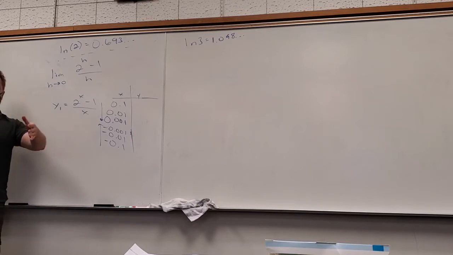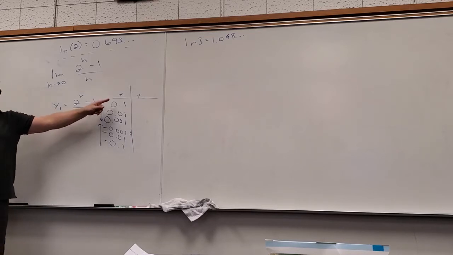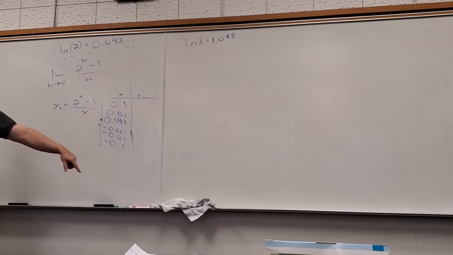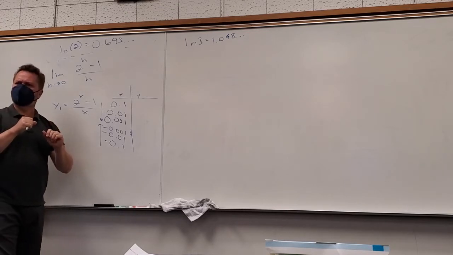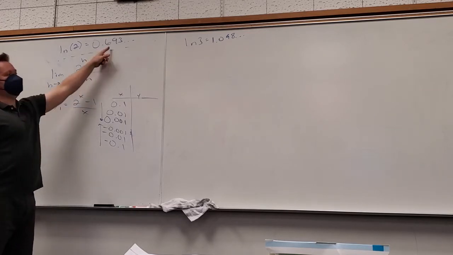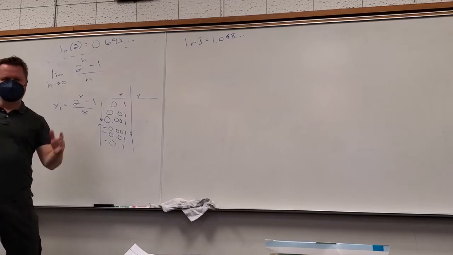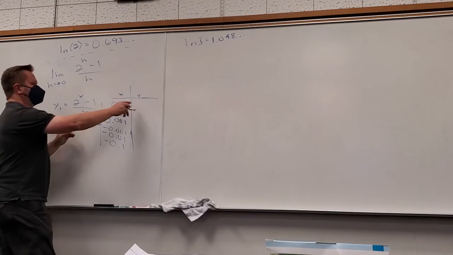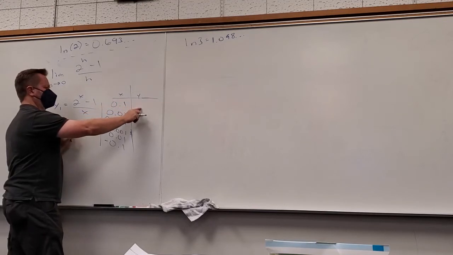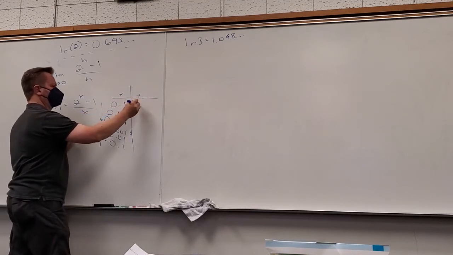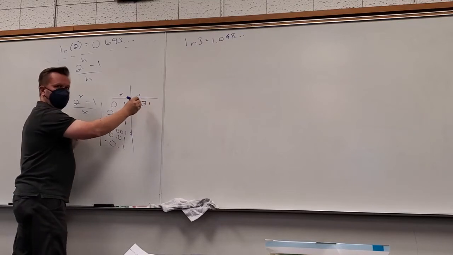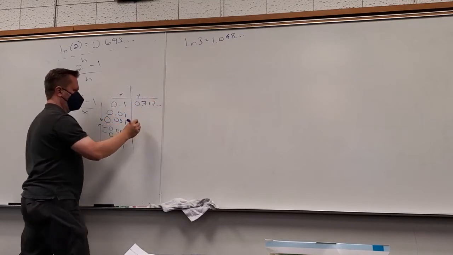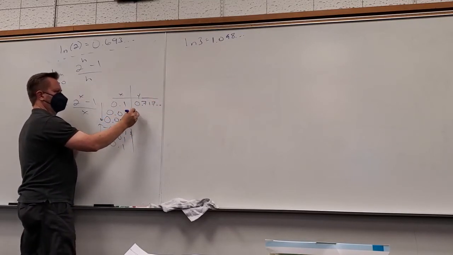And you could either have the table created by the calculator, or you can just plug this in and get each piece. Has anyone gotten any distance with this? It's about 0.711, 0.71777, blah, blah, okay. And then this one? 0.6095.